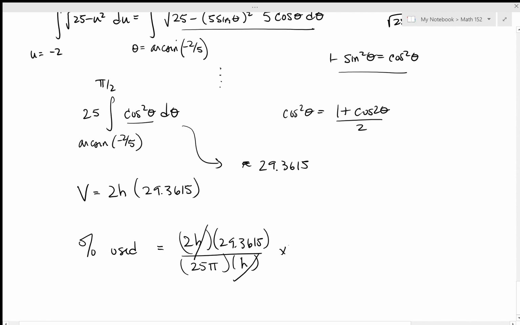We multiply by 100 for the percentage, and we find out that it's 74.77% full. It's actually a fairly complicated calculation to figure out how full a right cylinder on its side filled with water is, at an arbitrary location.